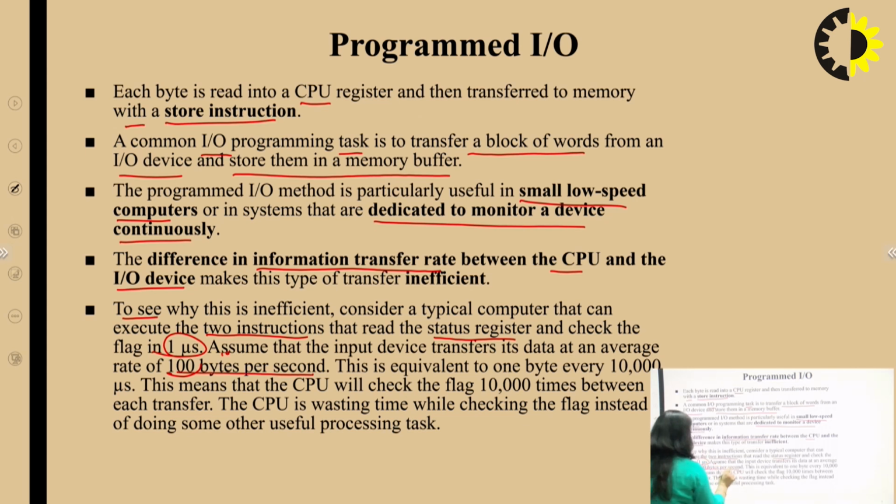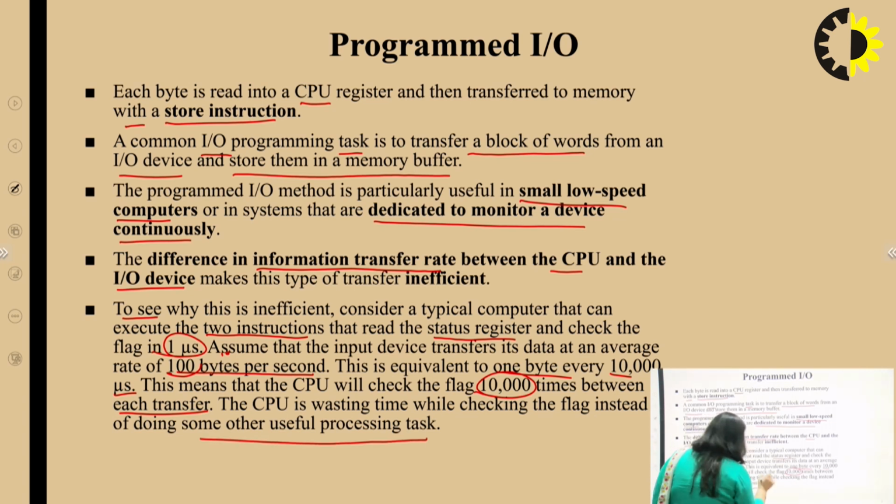This is equivalent to 1 byte every 10,000 microseconds. So this means the CPU will check the flag 10,000 times between each transfer. The CPU is wasting time checking the flag instead of doing some other useful processing task.